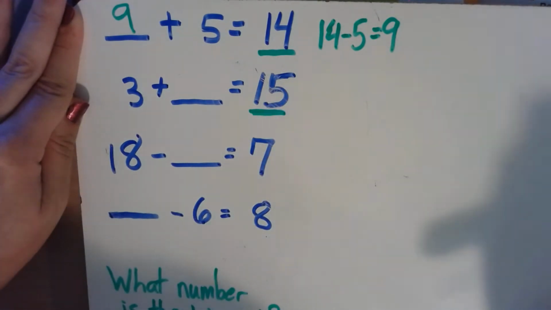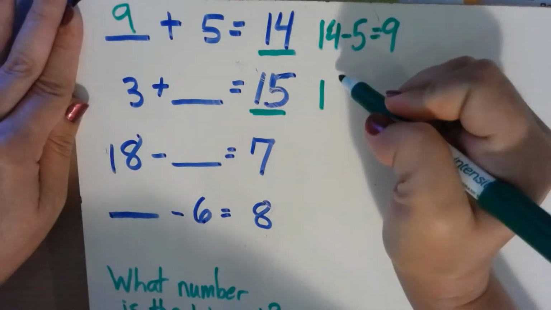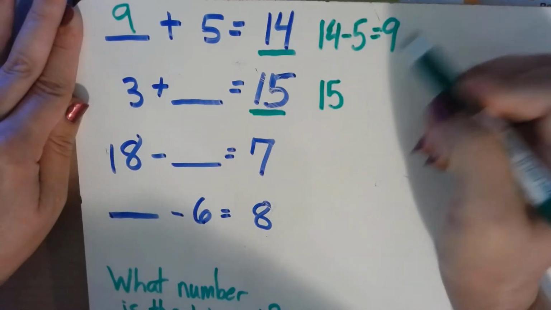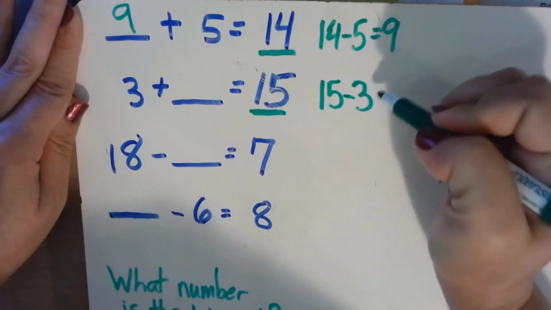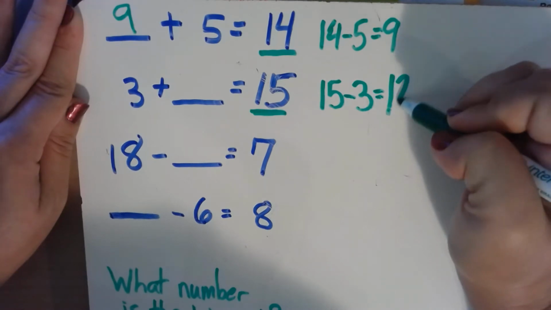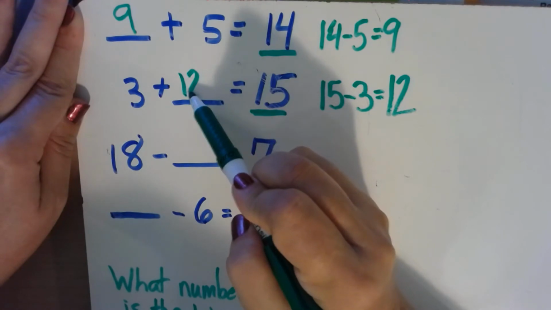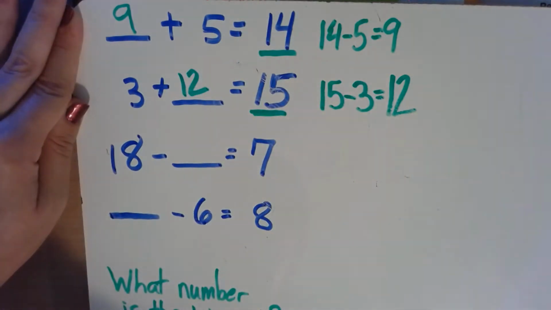So if you already have your biggest number, you have to subtract because you need a smaller number. So 15 take away 3 equals 12. 3 plus 12 equals 15. Does that make sense? Hopefully it does.